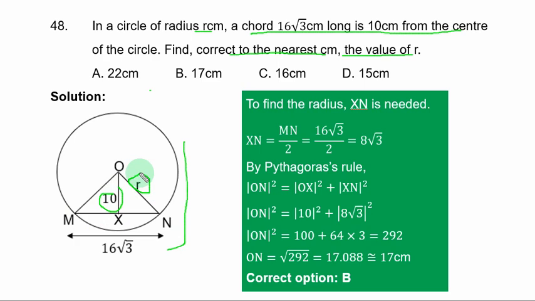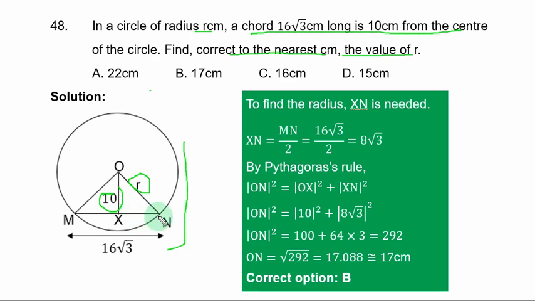For us to get radius, we need to get either NS or MS, or SN and SM. Here it is better that we get SN, so let's get SN. Now the whole chord MN is 16√3. Half of it, that is from S to N, is 8√3.